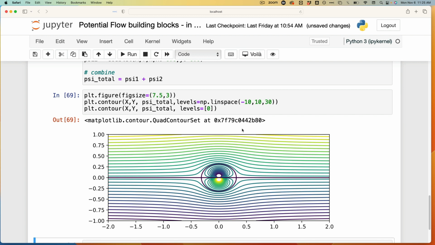Forget about these streamlines over here. I don't care about what's inside or about the origin. The flow is going to come and go over here. It's going to do something inside, but it doesn't matter. I choose this streamline to represent my cylinder.